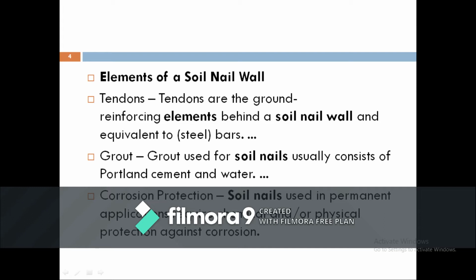Next one is grout. Grout used for soil nails usually consists of Portland cement and water. So the grouting techniques, whatever are there, what is that we have done? Generally, whenever we take construction mainly related to concrete, we use only Portland cement and water, and you are going to jet it with pressure.